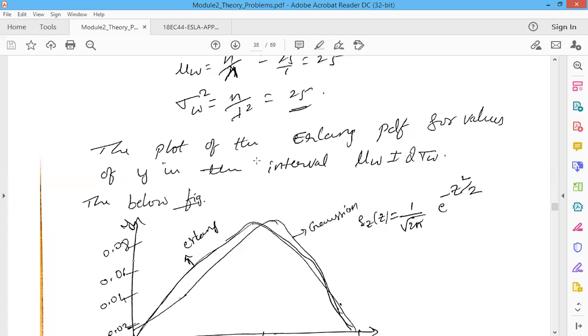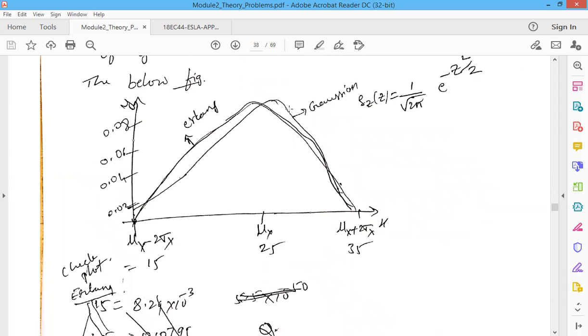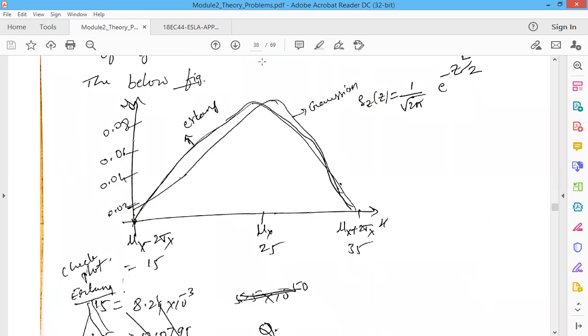Since we are plotting the PDF for mu_w plus or minus 2 sigma_w, consider the value of sigma_w, which is equal to 5. If you substitute and make the calculation, the range is 15 to 35, with mu_w equal to 25. Whenever you plot the Erlang PDF for the taken example, you will get a plot like this, which approximately looks like a Gaussian PDF.